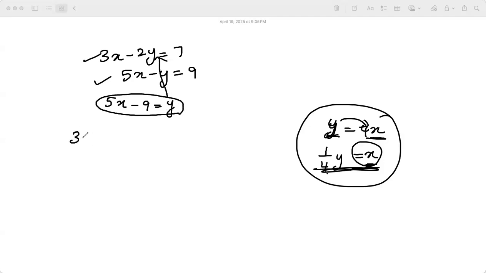Yeah. Okay, so 3x minus 2, but instead of y, you have to plug in 5x minus 9. I see where I went wrong.